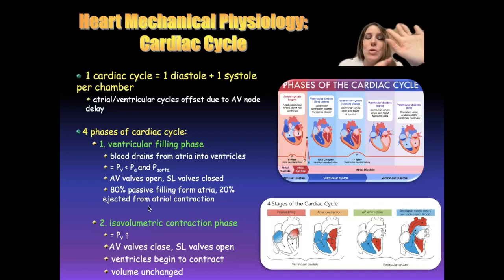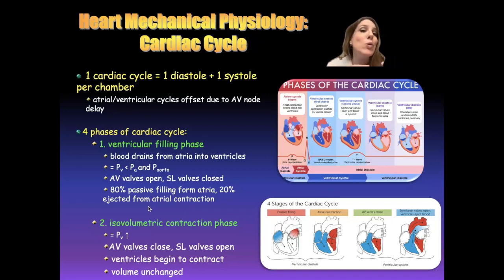So it's closed those, but now the pressure has increased so much in the ventricles that the pressure in the ventricles is greater than the pressure inside the aorta and the pulmonary trunk. And remember, once the pressure is greater on one side than the other, it wants to balance out. So that pressure is then going to force the semilunar valves in the aorta and the pulmonary trunk to open.